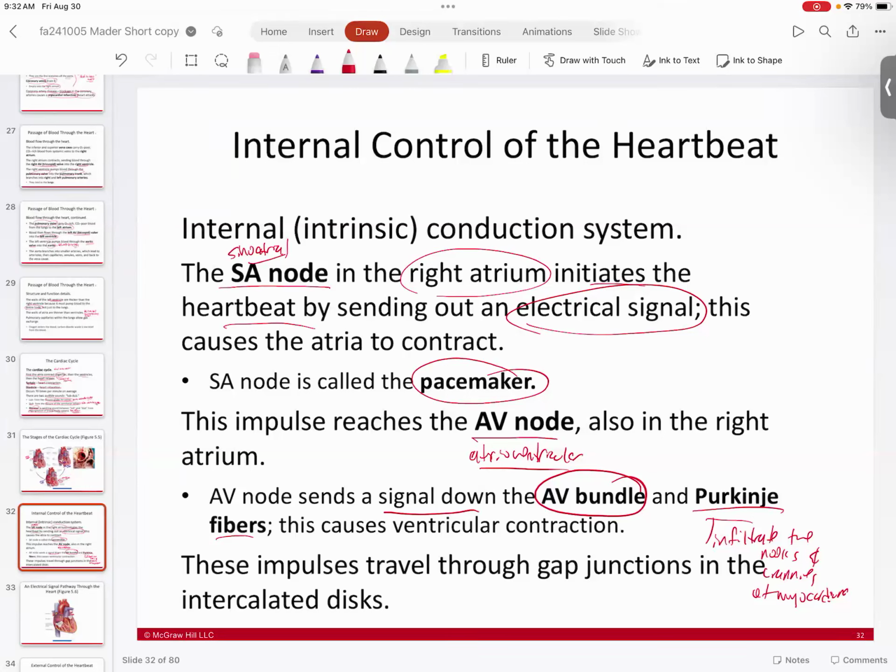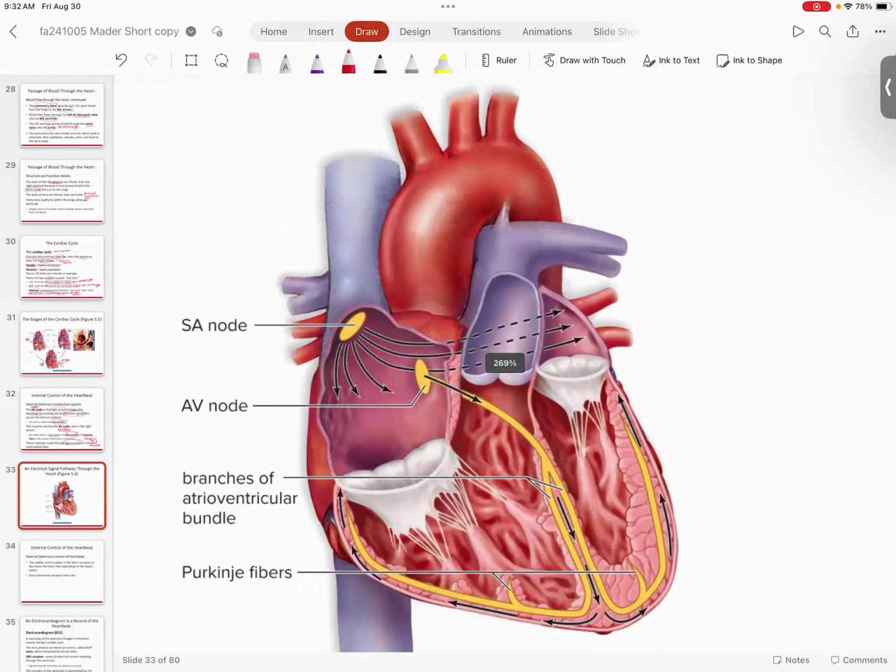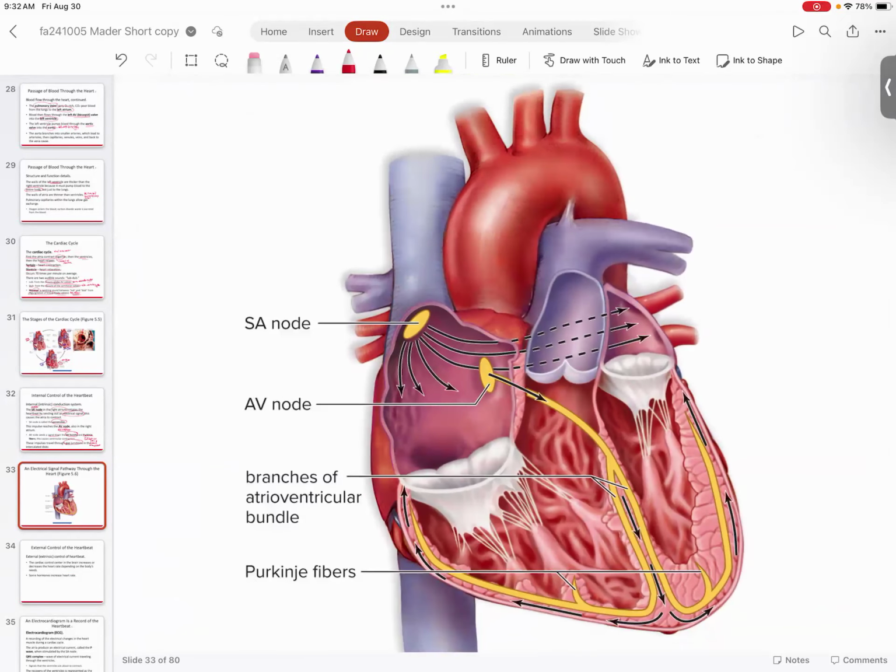Now, the reason they can contract in unison is because these impulses are traveling through gap junctions. And remember, gap junctions interconnect all of the myocardium. So it looks kind of like this. First of all, here you can see the SA node in the upper portion of the right atrium, setting the pace. It sends out the signal first to other atrial tissue to contract.